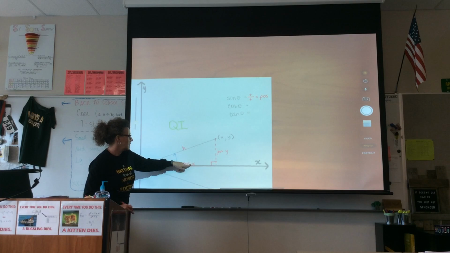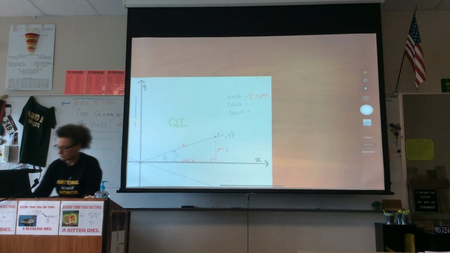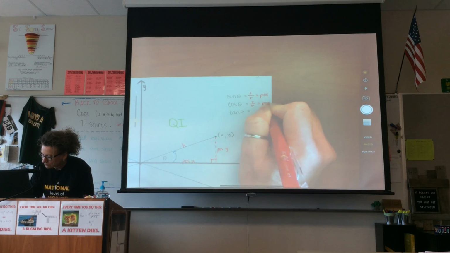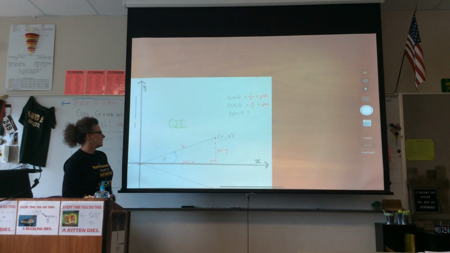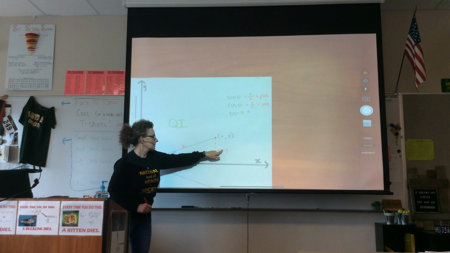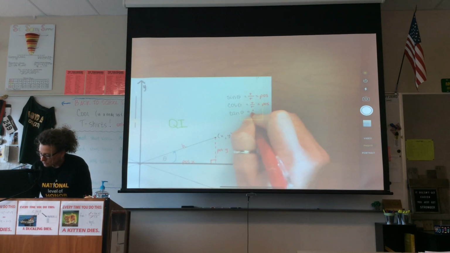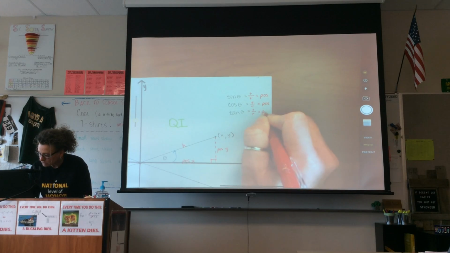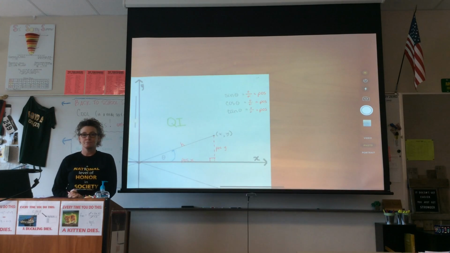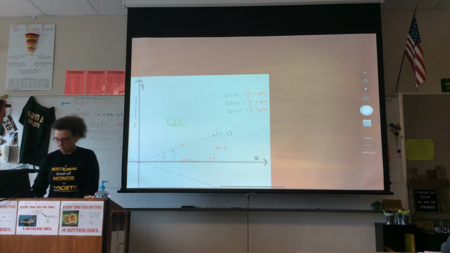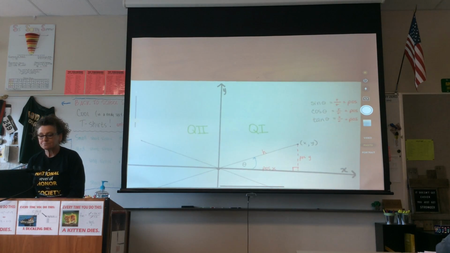Adjacent over hypotenuse, positive. A positive over a positive equals a positive. Tangent, opposite, positive, adjacent, positive. Yes? Okay, nothing weird so far. Let's move into quadrant 2. This is where it gets weird.